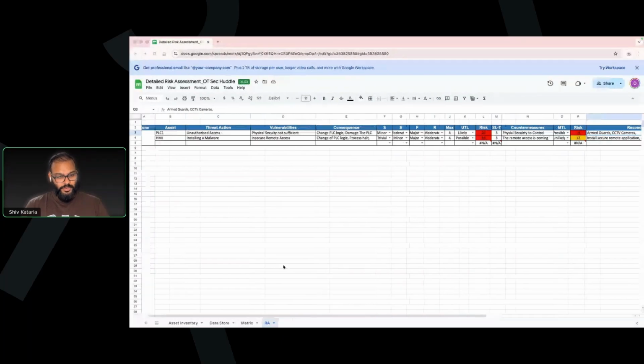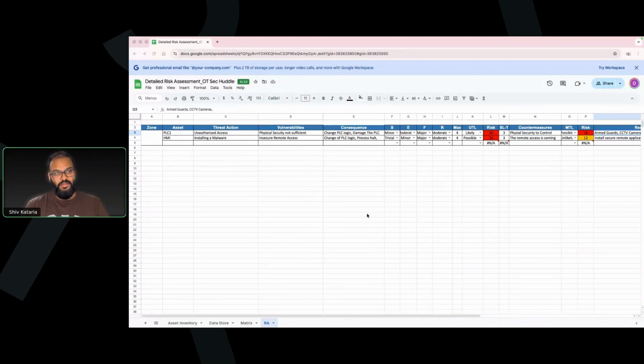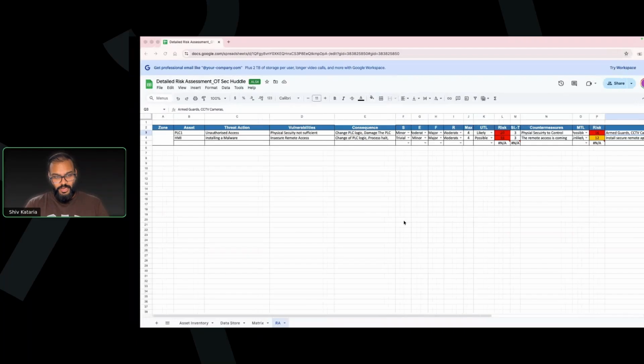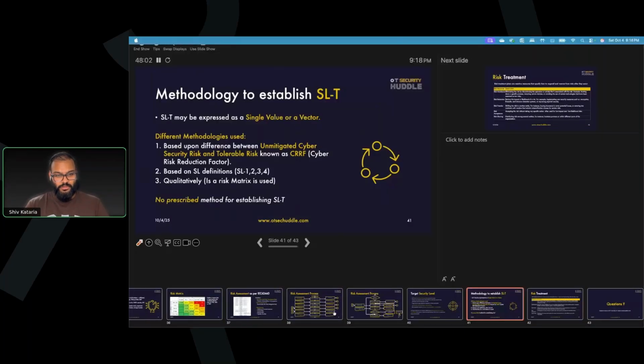It is a quite comprehensive exercise, requiring a lot of time and effort. But this is the methodological way, which is very important before you start your journey of cybersecurity implementation for your OT infrastructure. It's a very quick one, but it gives you a gist of what happens in risk assessment exercises.